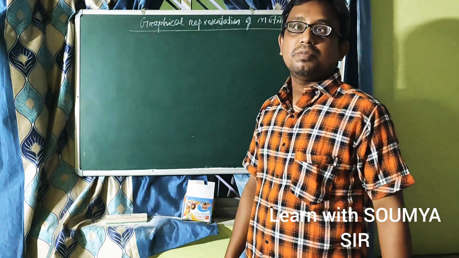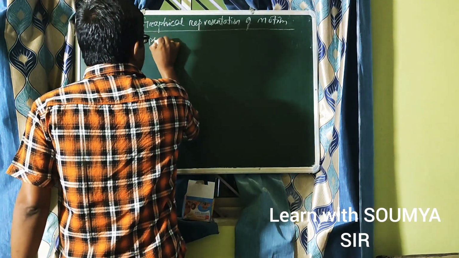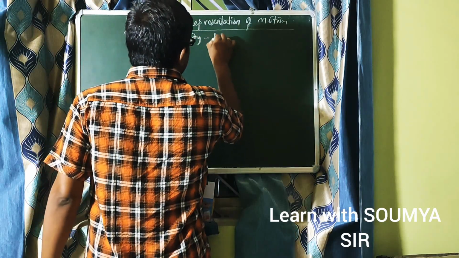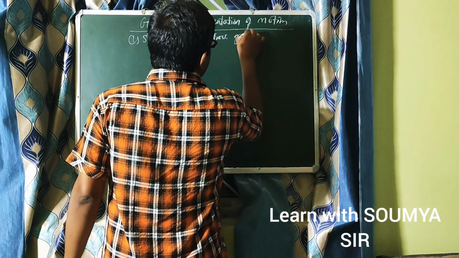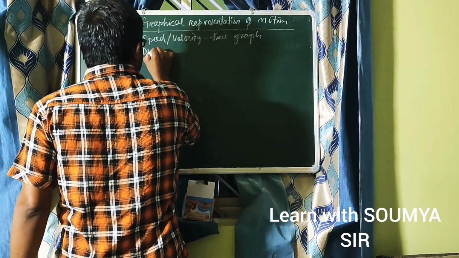So there are three types of graph. First is speed or velocity time graph. Number 2, distance or displacement time graph.